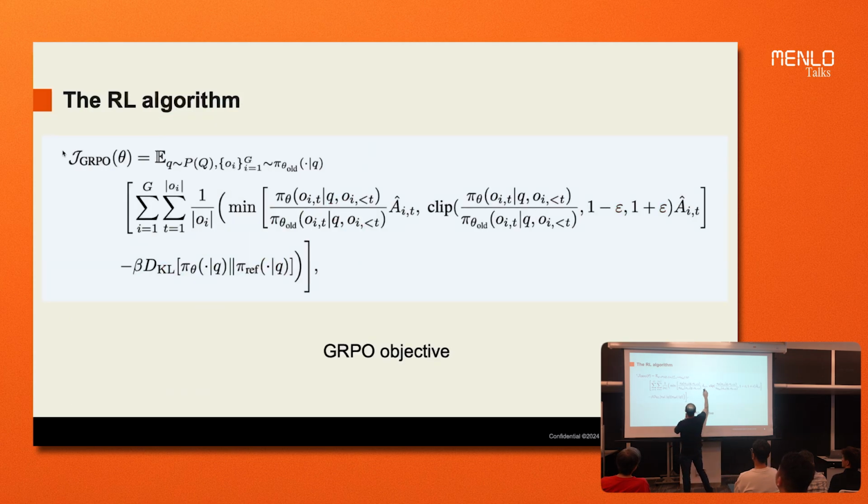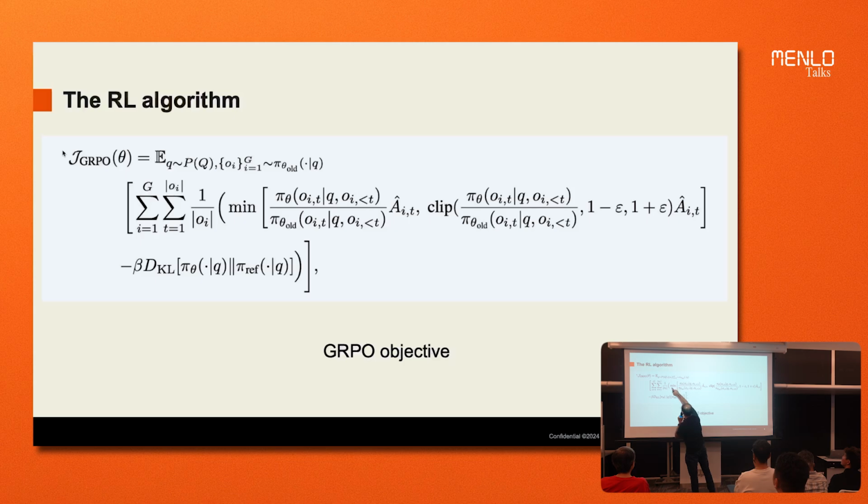This term is called the advantage term. It tells you how much better this choice of token is compared to all the other tokens in the same position. It's higher for higher rewards, lower for lower rewards. This is the ratio of how much the model wants to choose this particular token compared to the model at the previous iteration of training.